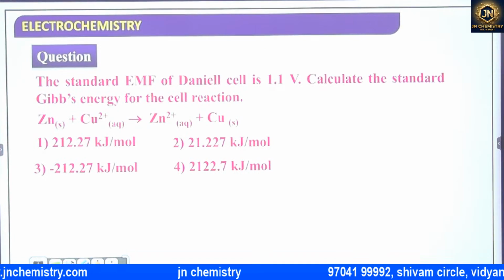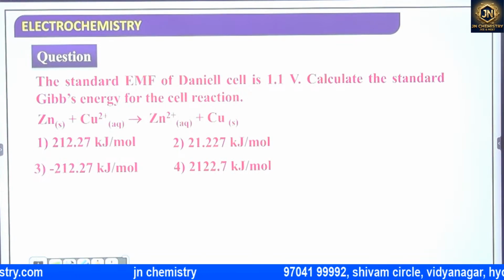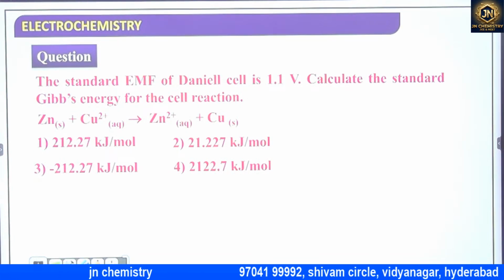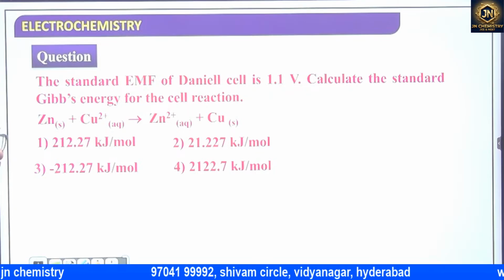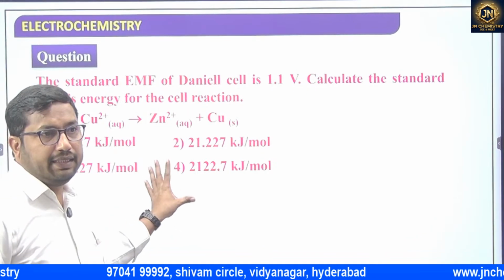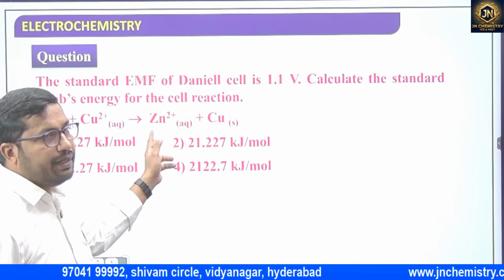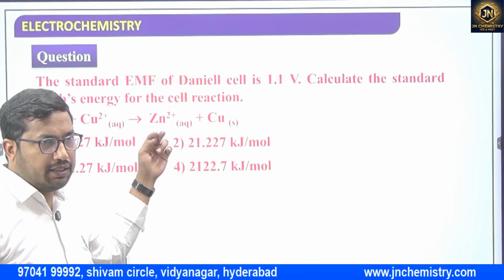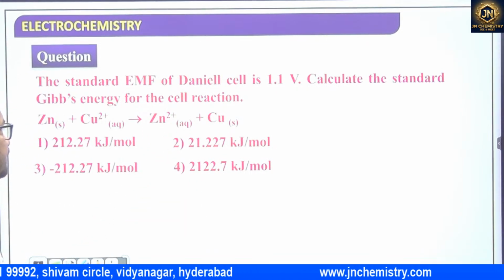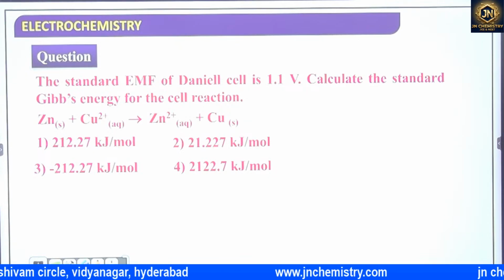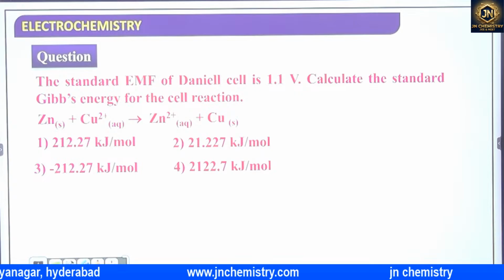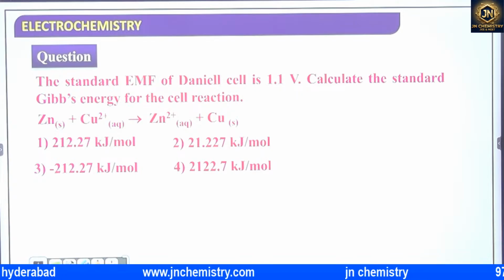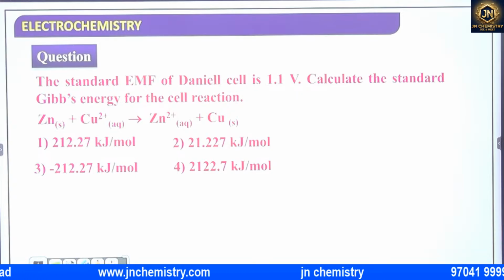This model is very, very important. Directly they are asking this type of question because it's a combination of thermodynamics and electrochemistry. Number of electrons transferred, EMF is given, minus, simple, right?